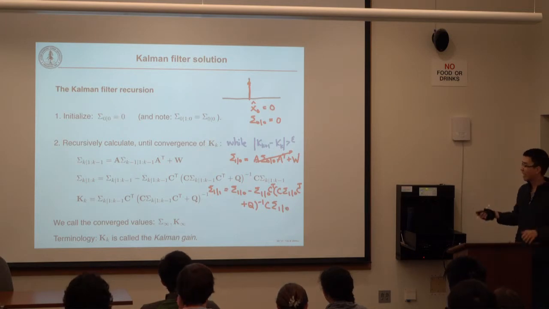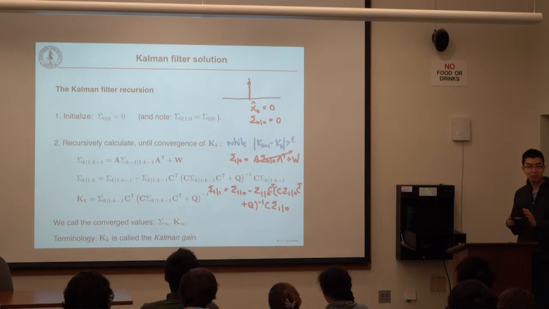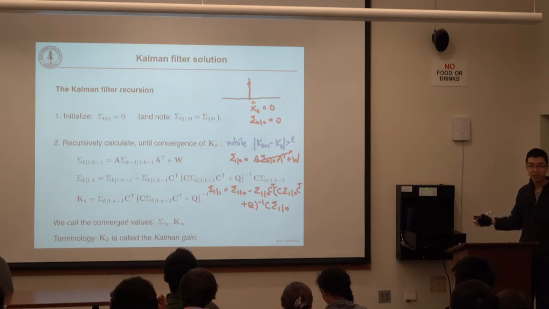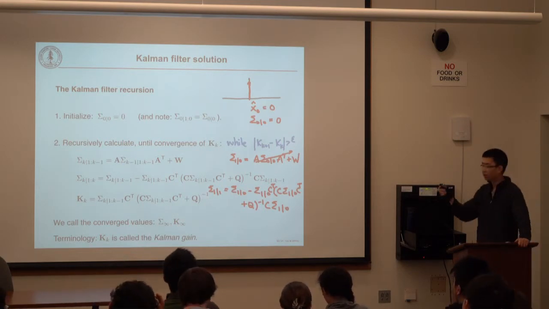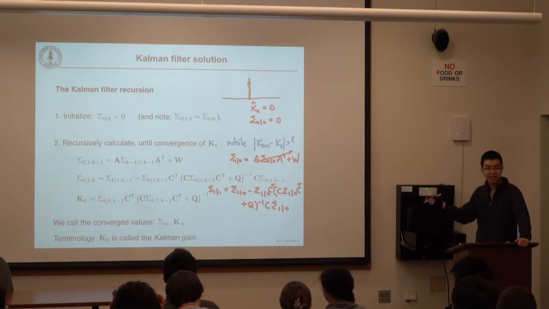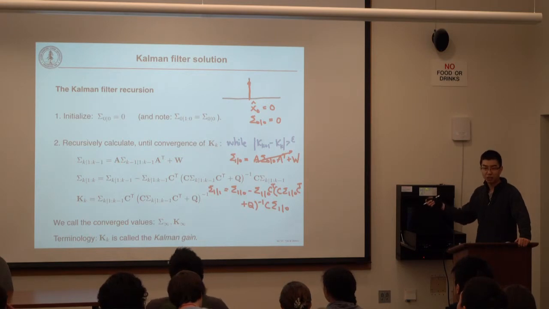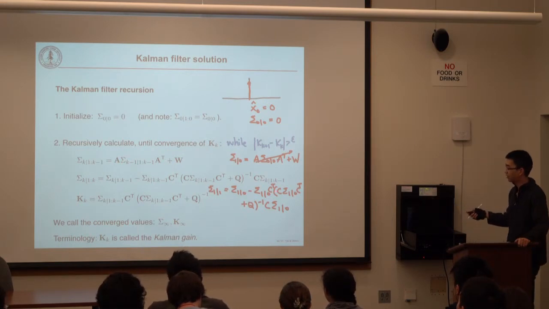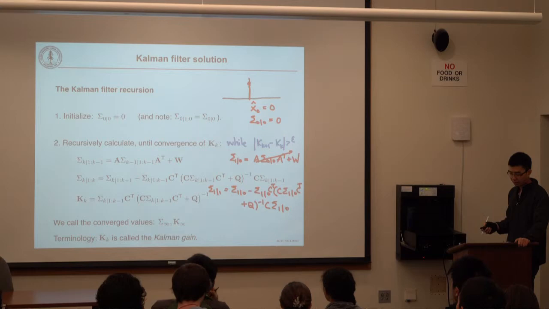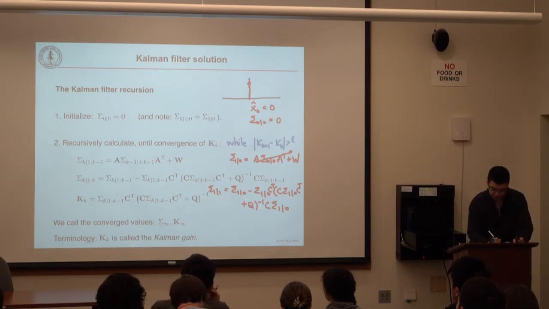The point of writing all of this out is just to see that sigma 1 given 1, the next term that we want to compute, is merely a function of these C and Q matrices, which we know from our linear dynamical system. C is the matrix that maps the x's to the y's, and Q is the covariance of the noise in that equation. And all these sigma 1 given 0 terms we've just calculated here. So we can calculate sigma 1 given 1 exactly, and after that, we can also calculate the term K_k exactly.